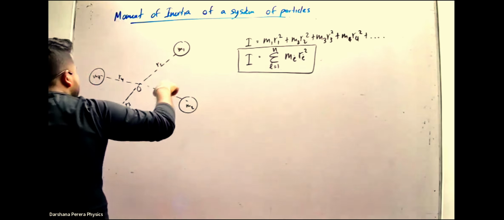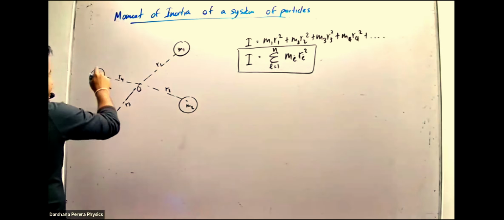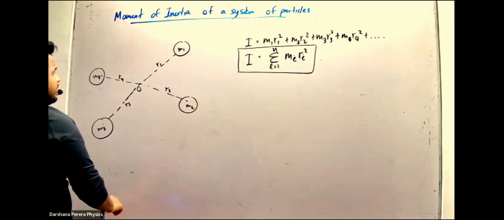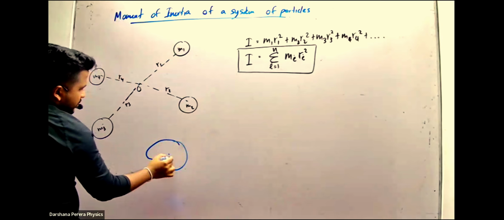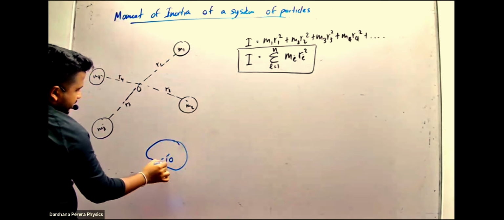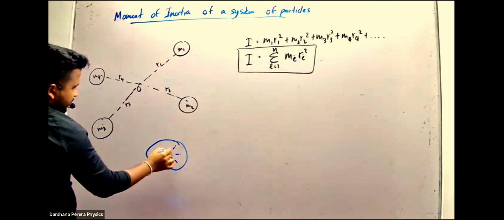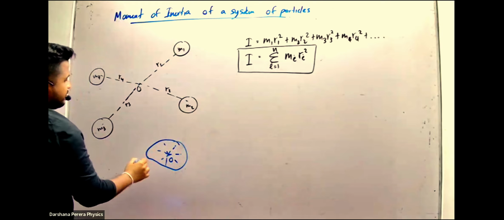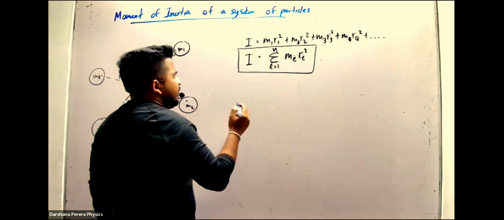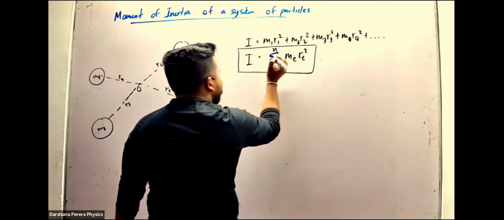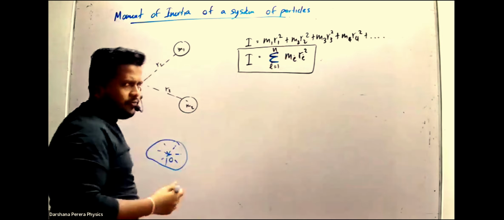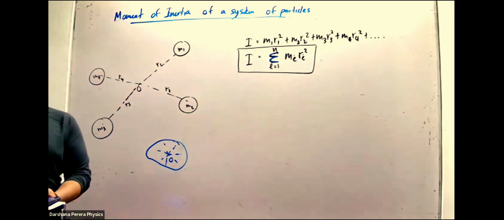We take the m1, m2, m3, m4. There are so many particles. When we consider an object like this, it has a lot of particles. Therefore, we cannot calculate each one. That's why we simply write the sigma. Sigma means the summation of all particles. That can be written like that.